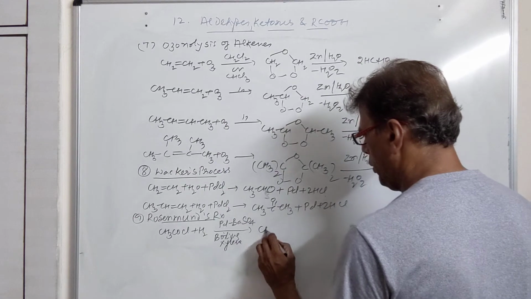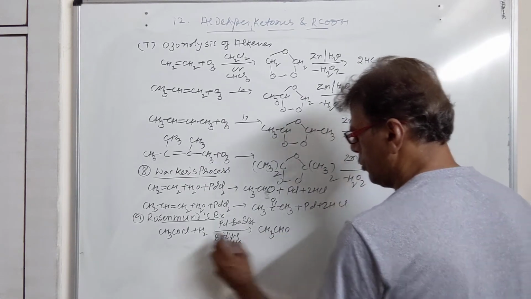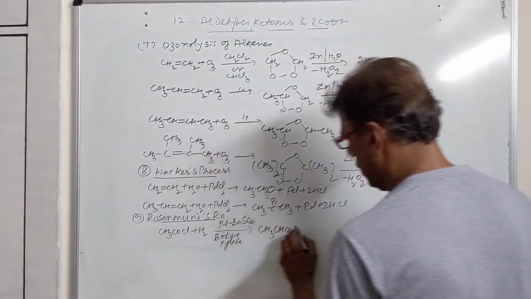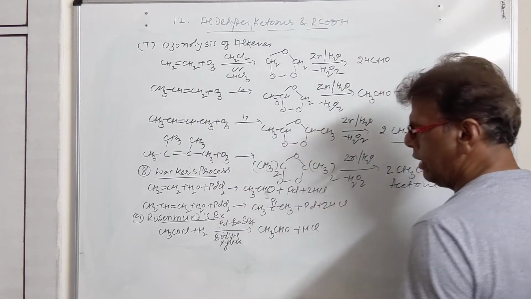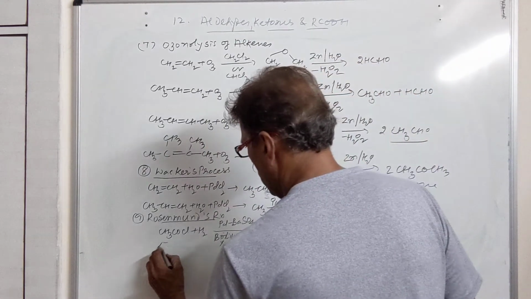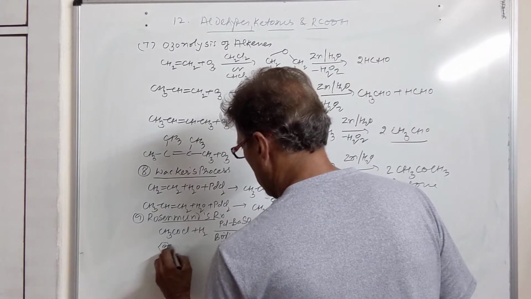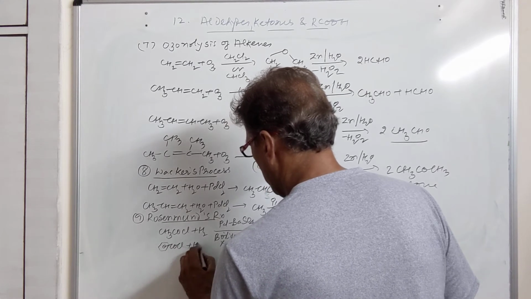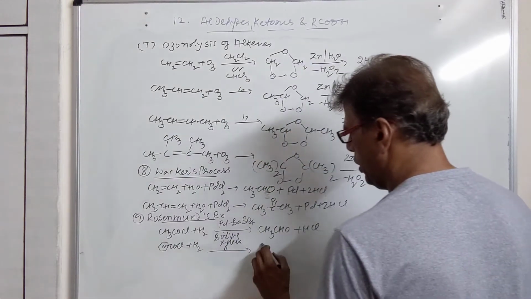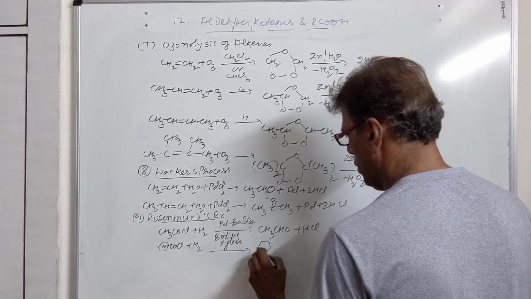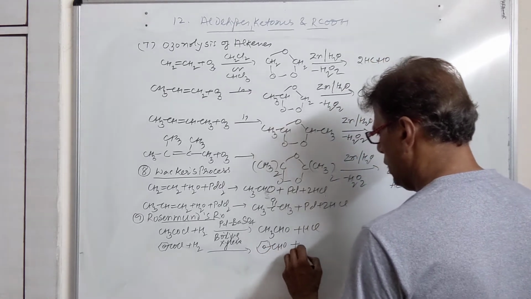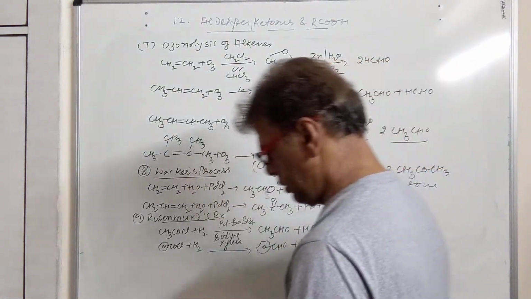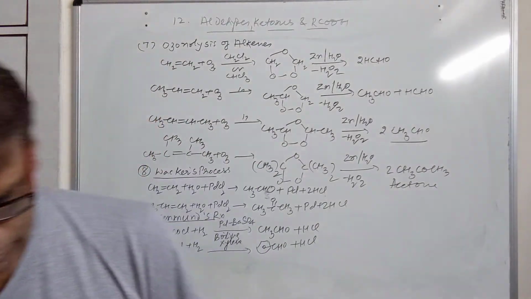It will be reduced to CH3CHO. H will go here, and one H will come with Cl to give you HCl. Similarly, if you have benzoyl chloride, you will get an aromatic aldehyde from this. This is benzaldehyde plus HCl. So this is our Rosenmund reaction.